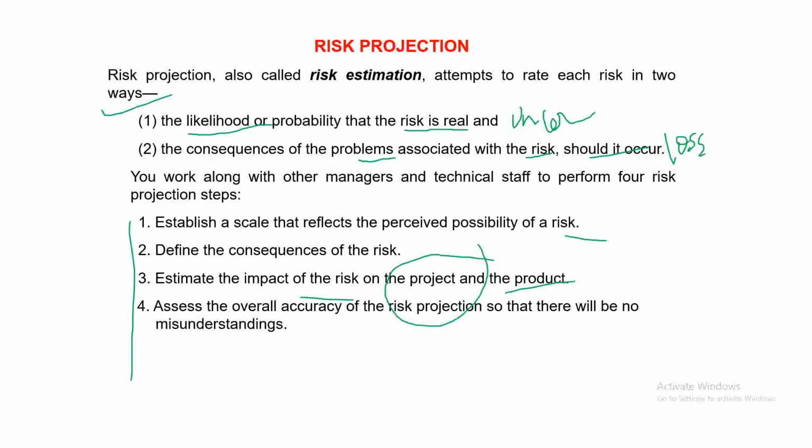Estimating the impact means estimating the various kinds of losses associated with the risk. Fourth, assess the overall accuracy of the risk projections so that there will be no misunderstanding. Whatever projection you have done, you need to assess the accuracy of that risk projection as well, so that there will be no misunderstanding.